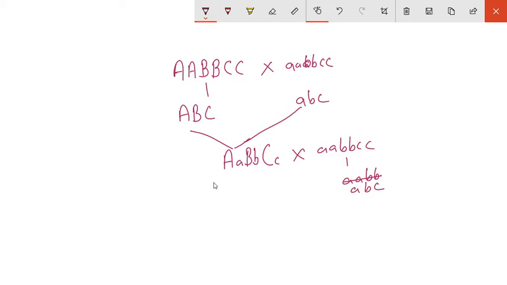But the F1 produces 8 different types of gametes, and therefore it produces the 8 different progenies. Here we are going to discuss a problem, in which we have to calculate the distance between the three genes.